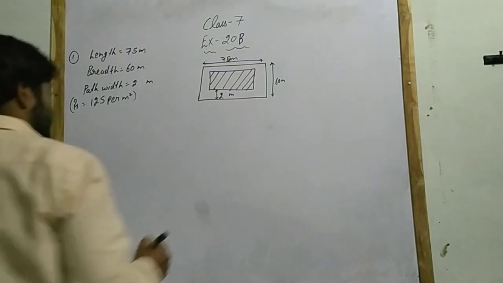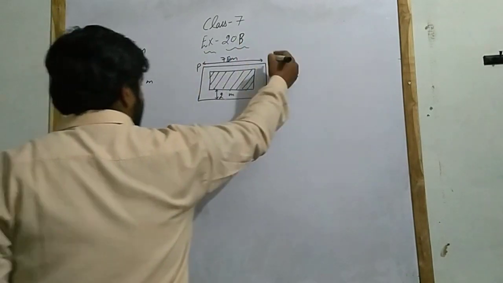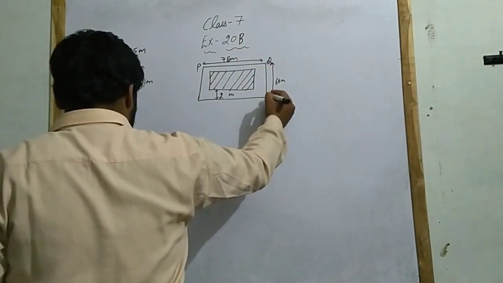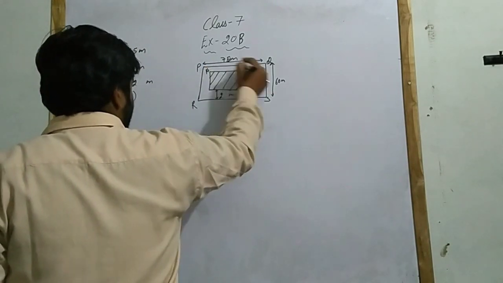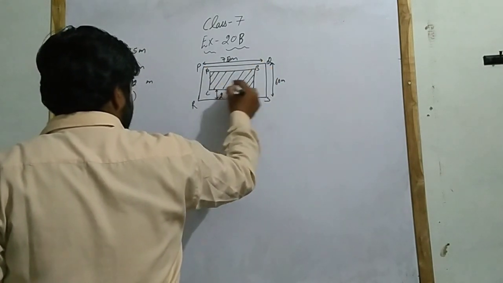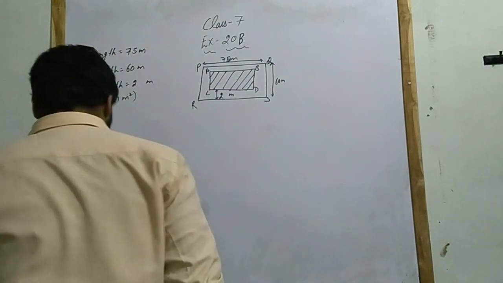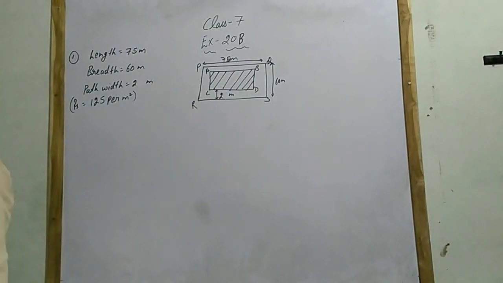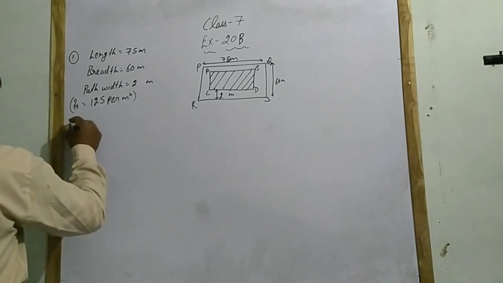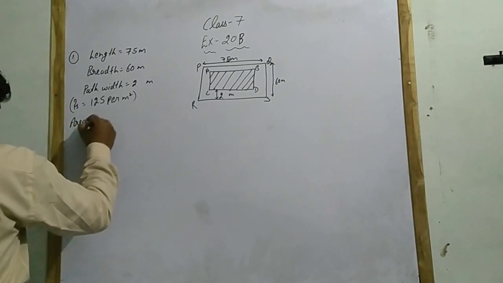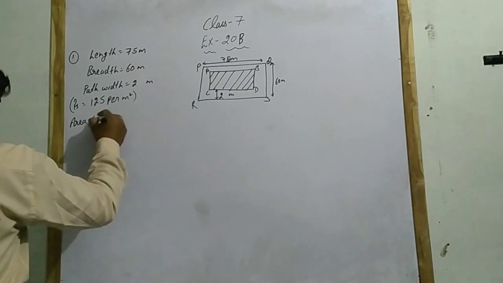First of all, name the plot P, Q, R, S, then A, B, C and D. First we have to find the area of the plot.